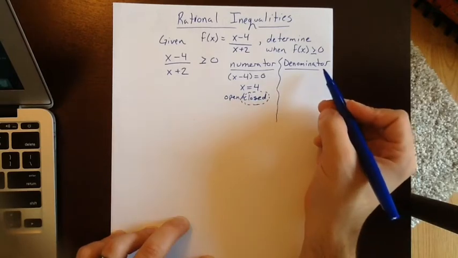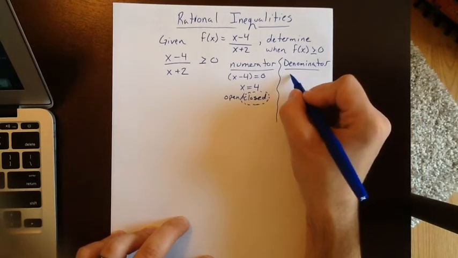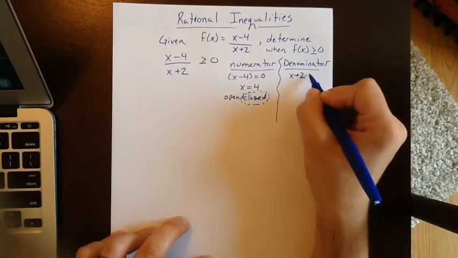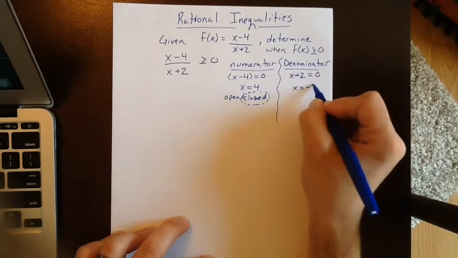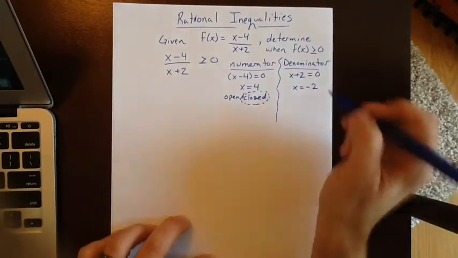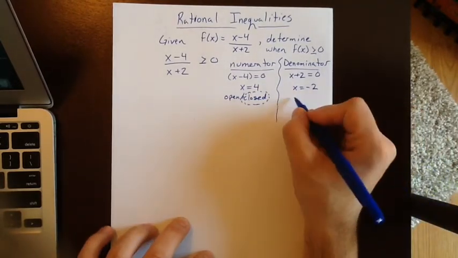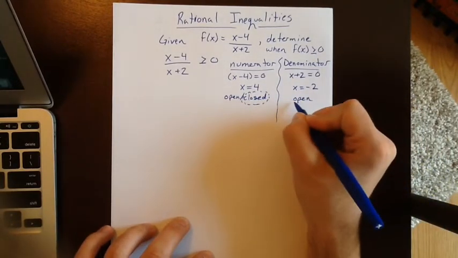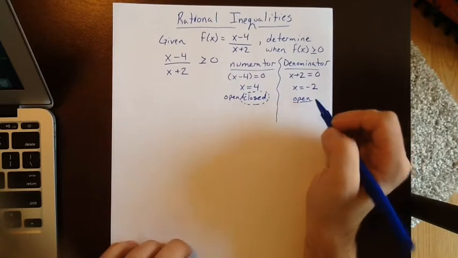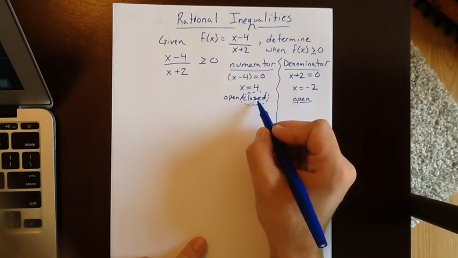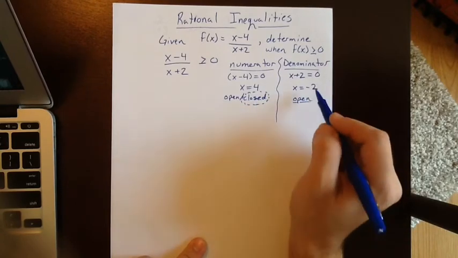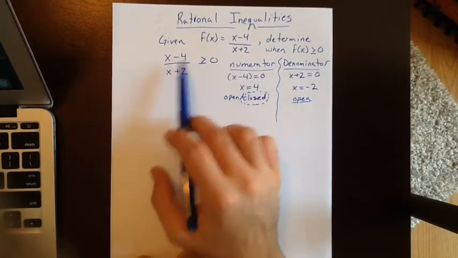So now looking at the denominator and its zero. x plus 2 is already factored, and we have a zero of negative 2. Now the zeros of the denominator will always be open, because to say that we used a closed bracket means that negative 2 actually works for this scenario.